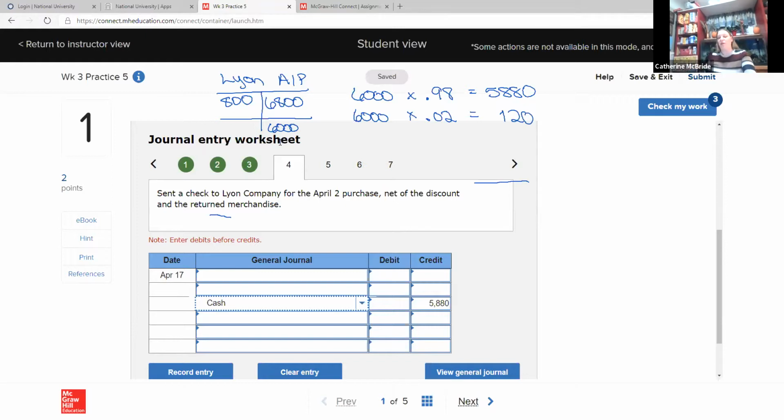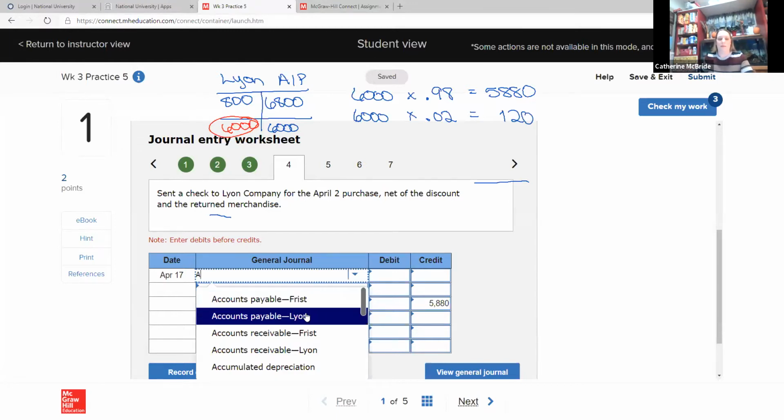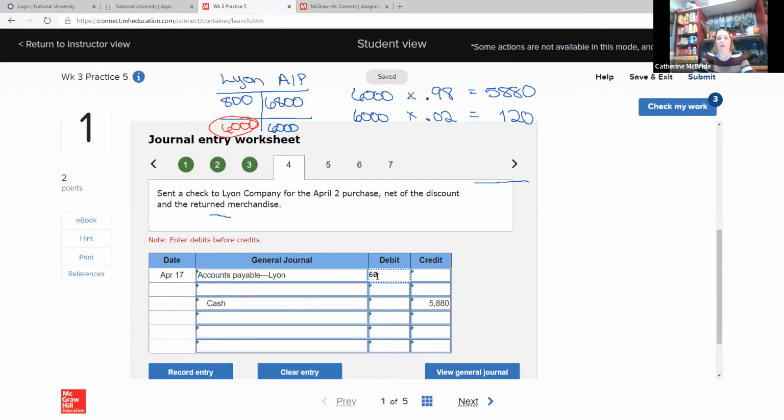We're paying them $5,880 in satisfaction of the $6,000 that we owe them, correct? So I need that to be 0, so I need to debit the accounts payable to take it off my books for $6,000. The difference is the $120.